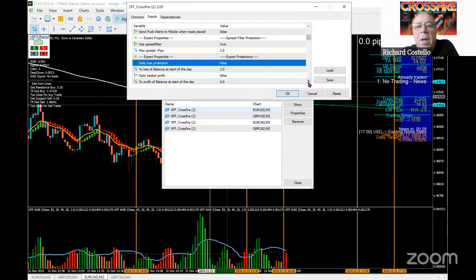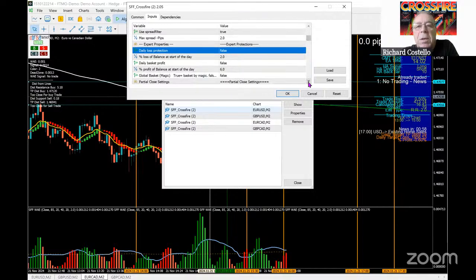But I've left it at 6% just to give it some wriggle room. If all 4 pairs won and they went slightly more than 1%, then you wouldn't want to lose out on a few extra pips. So 6% gives it some wriggle room.